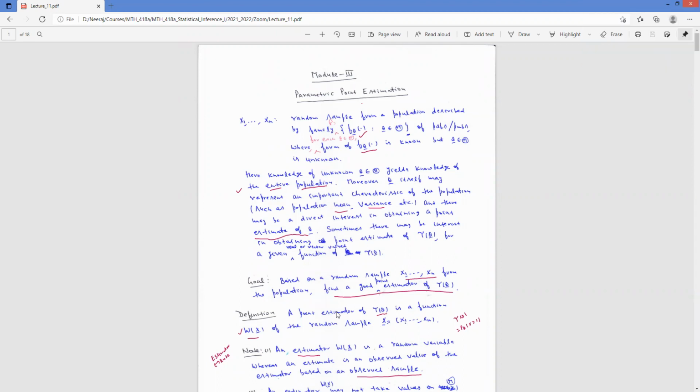For example, your sample mean has disadvantages, especially in the presence of outliers, but still it is the most popular estimator for the population mean.